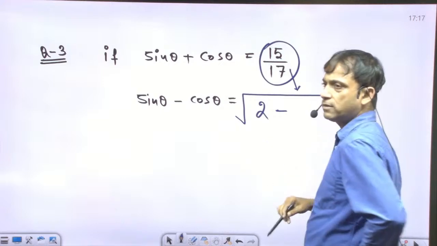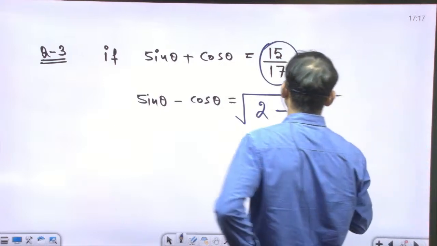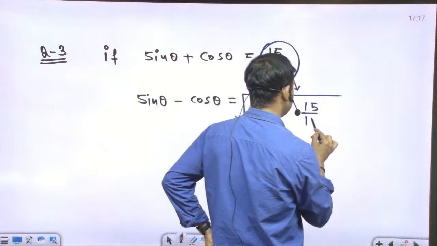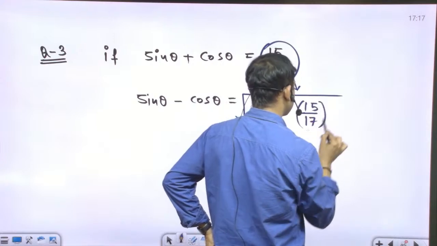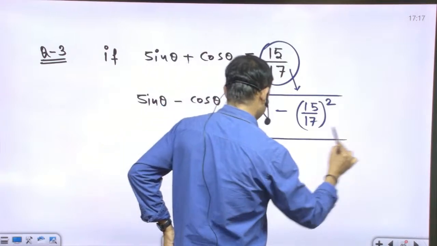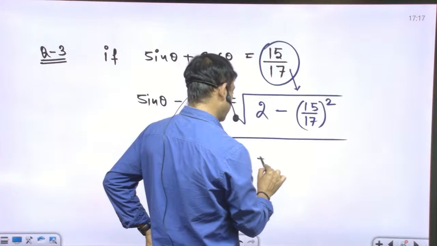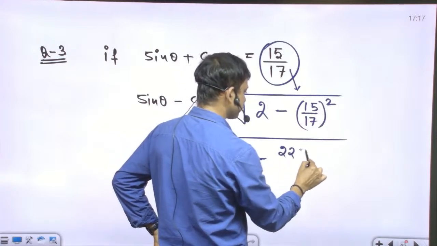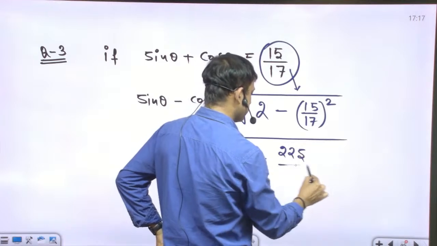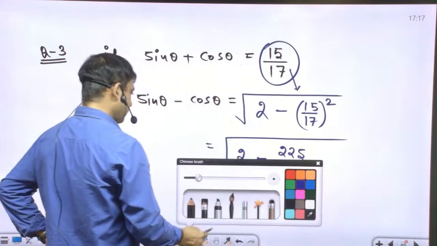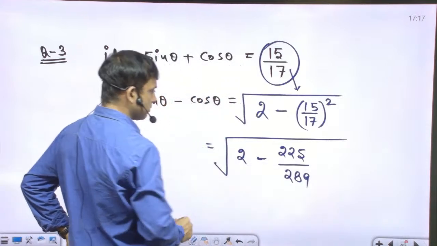The square of this number will be 15 by 17 squared. So this will be 2 minus 15 square, 225, over 17 square, 289. 17 square is 289.